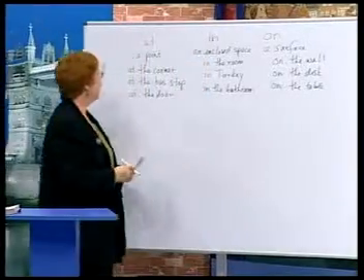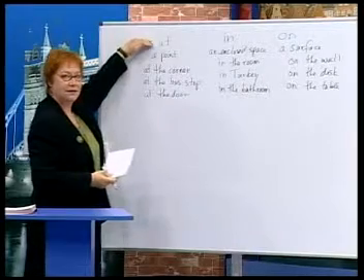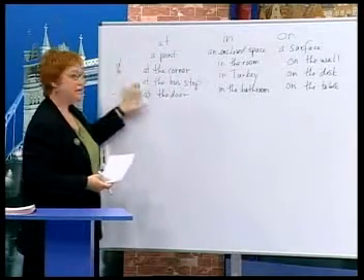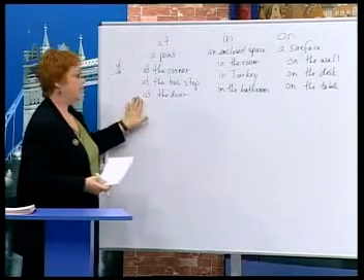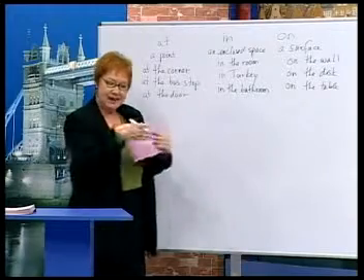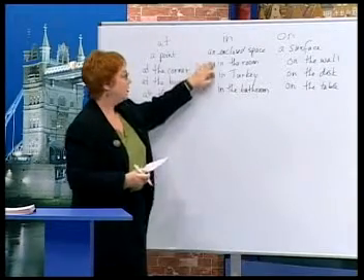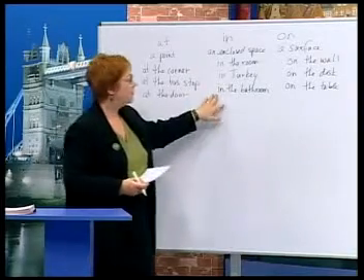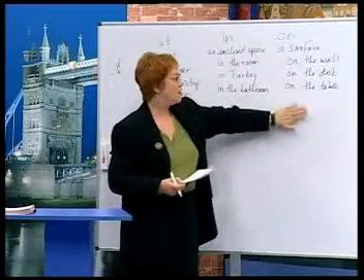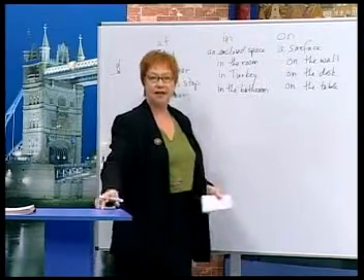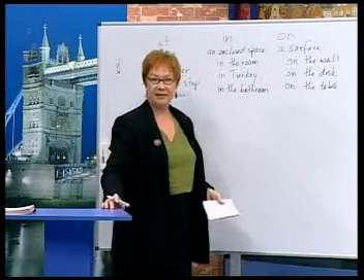So again, we have at, a point: at the corner, at the bus stop, at the door. With in, a space: in the room, in Turkey, in the bathroom. And finally, we have on, a surface: on the wall, on the desk, on the table.